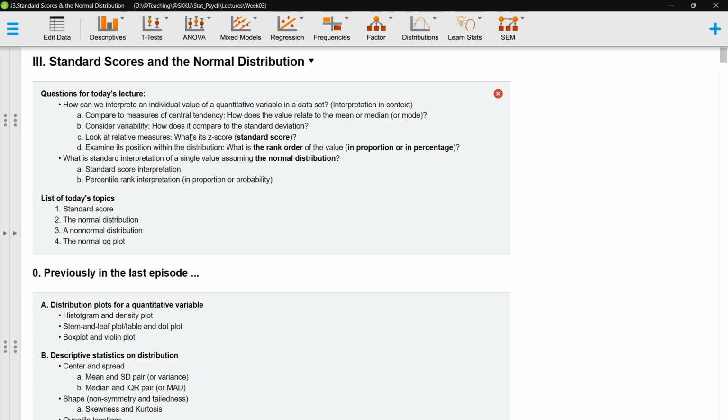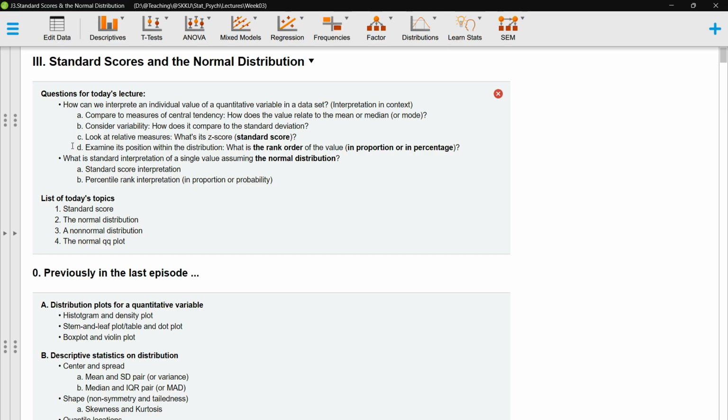These are different information in terms of the relative location of the individual value, but they are related to each other pretty tightly in a specific situation.